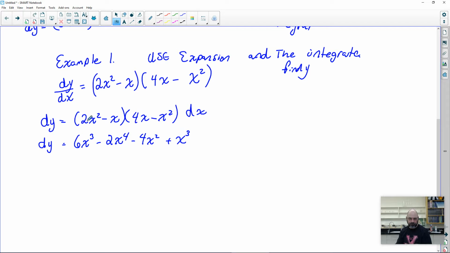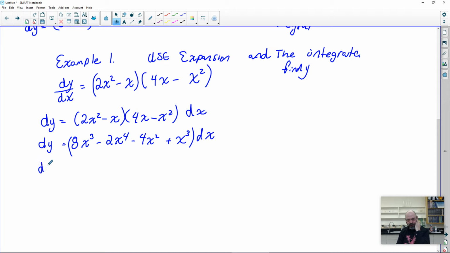So again, we're just multiplying out, sorry, that's 8, not 6. 2 times 4 is 8. Oopsie. All right, so 8x cubed, and then minus 2x to the fourth, and then this one here minus 4x squared, and then plus x cubed. So we can combine this, and that's the whole thing times dx. So we've expanded it out, so we can combine the cubes, and let's do it in ascending order.